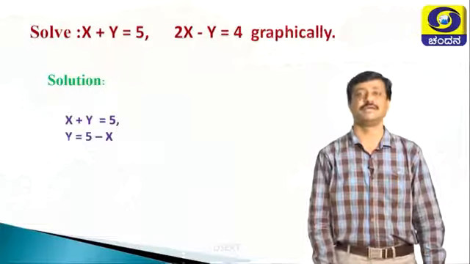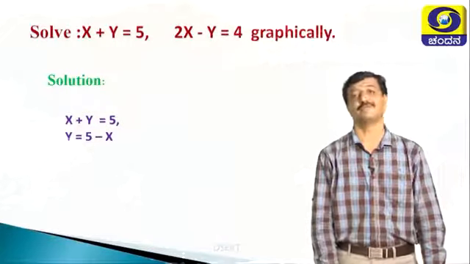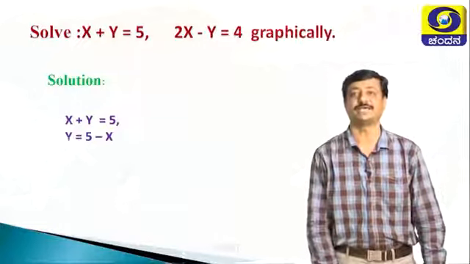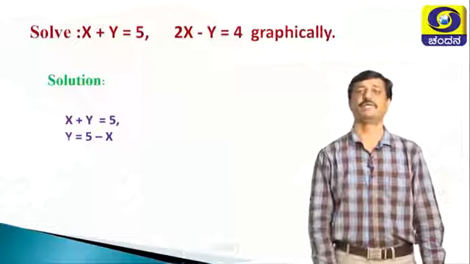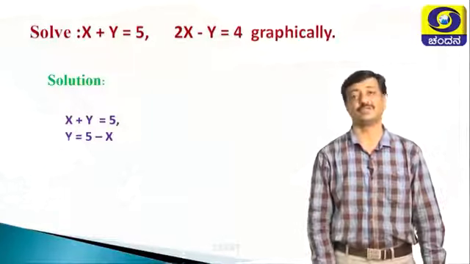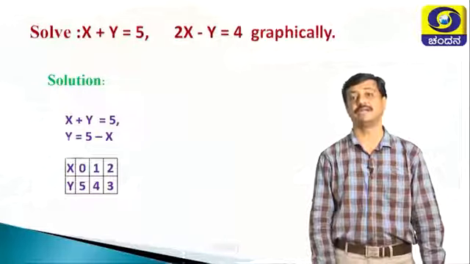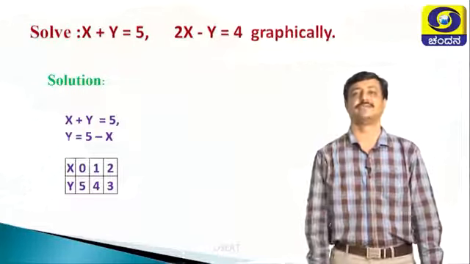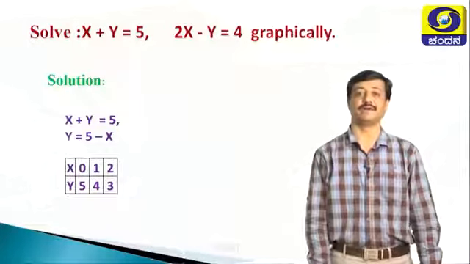In the first equation, x plus y equal to 5 can be expressed as y equal to 5 minus x by transposing x to the right side. Now, by giving values of x to the equation, we are going to get the values of y and finally we get the table like this. x values 0, 1, 2; you will get the y values 5, 4, 3.